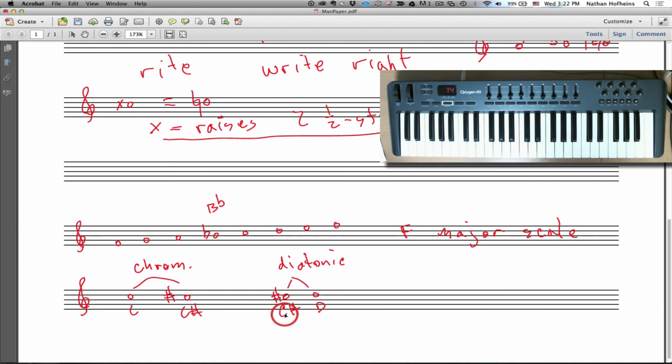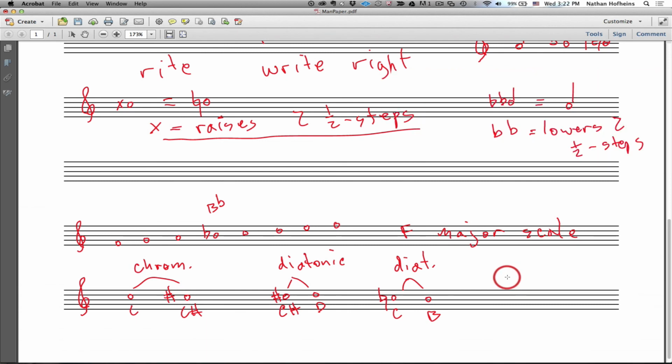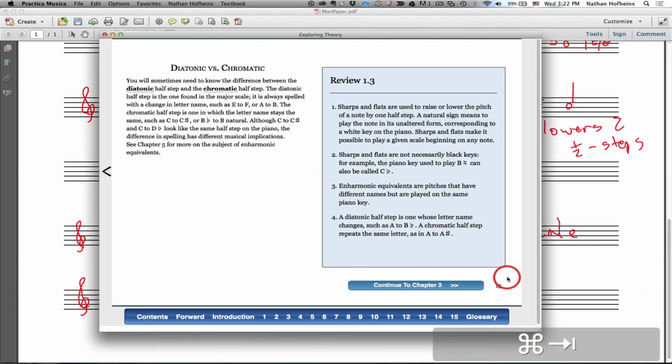If the letter name changes to an adjacent letter, like a C to a D or a C to a B, like if we went from a C natural to a B natural, that's still a half step, but the letter name is changing from a C to a B, and that would be diatonic. Okay, so that's what that's talking about.